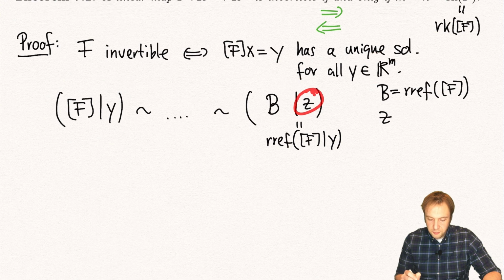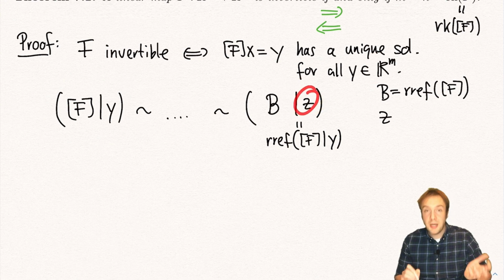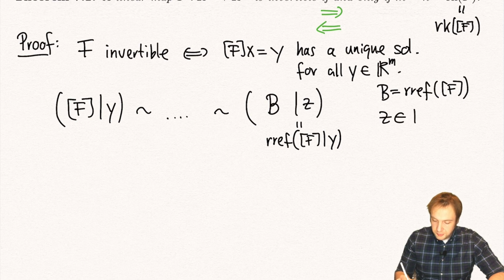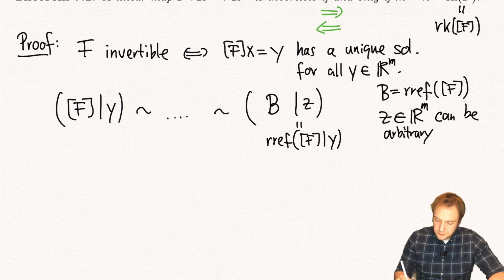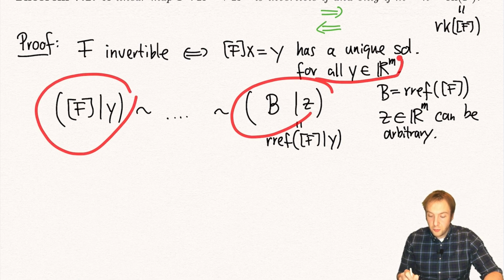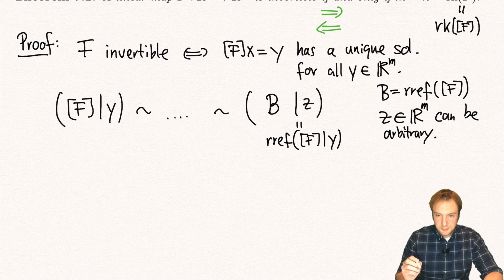So actually this z will also be an arbitrary vector in Rm. So this can be arbitrary, because we consider this equation for all y's in Rm.